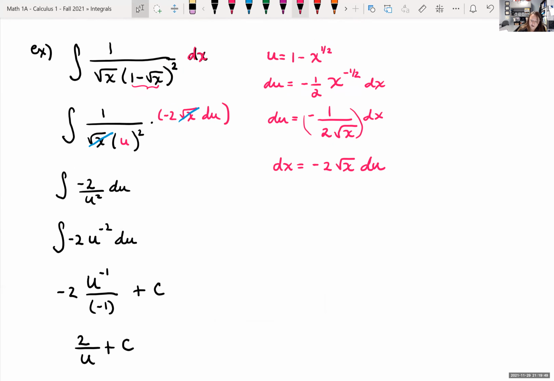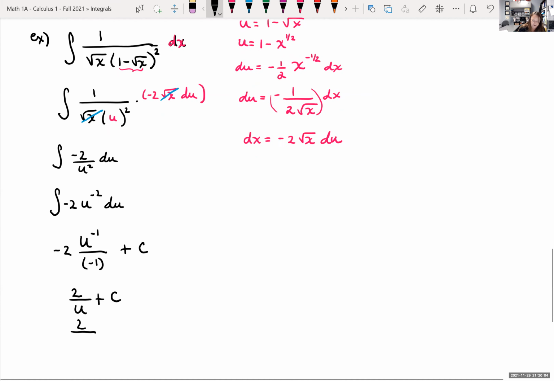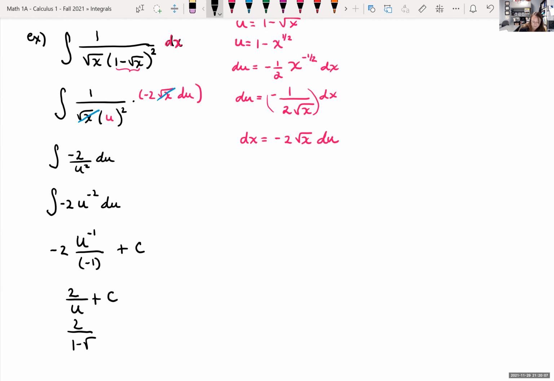And when we write u, let's just write it in the same form we were given it originally, 1 minus the square root of x. So this is 2 all over u, which is 1 minus the square root of x, plus our c.